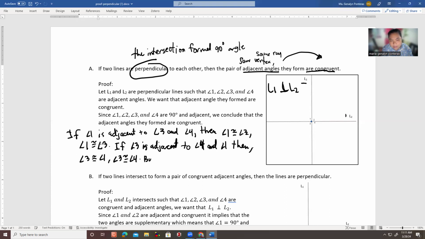By substitution, angle 1 is congruent to angle 4.